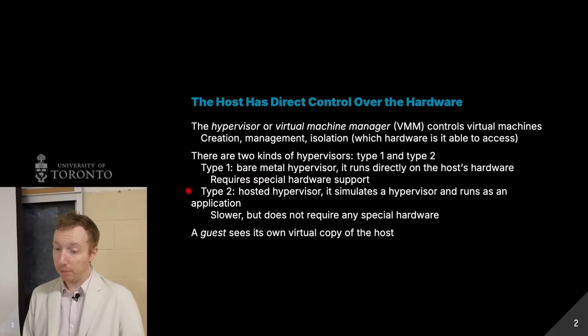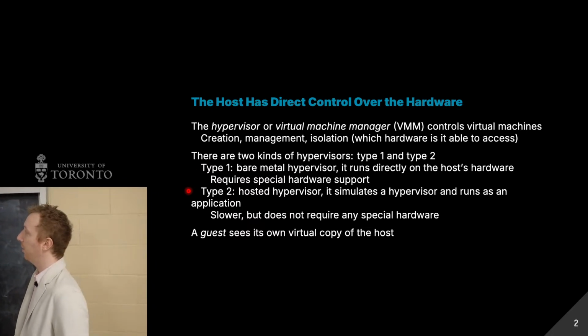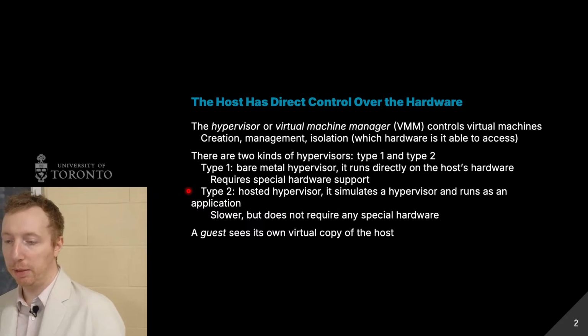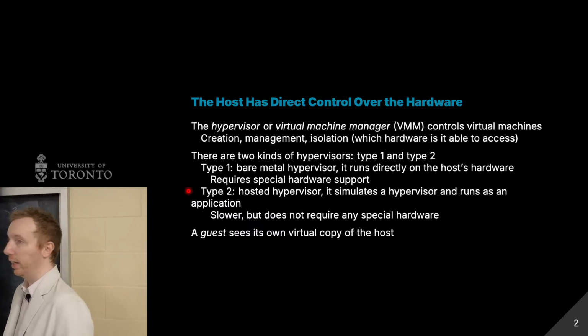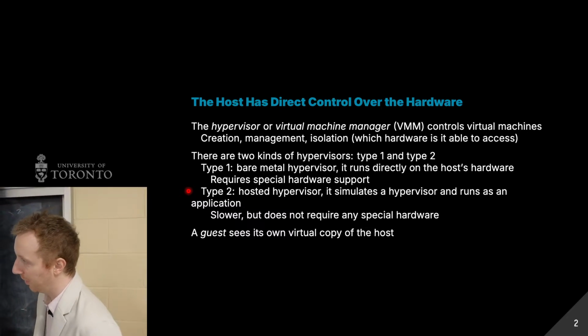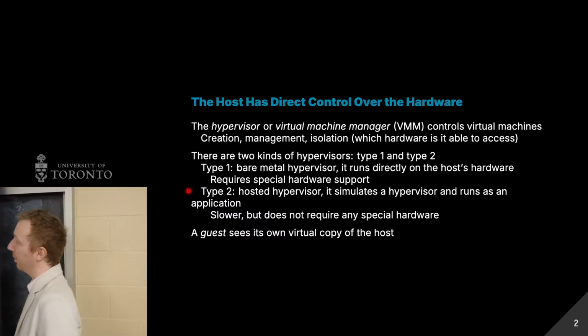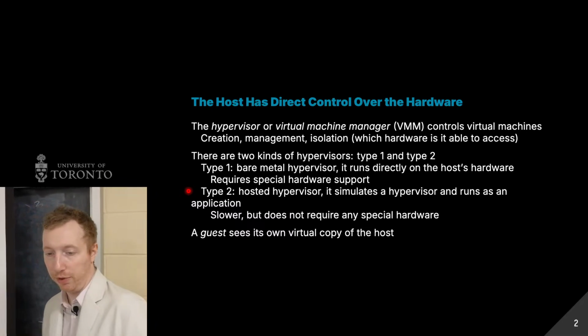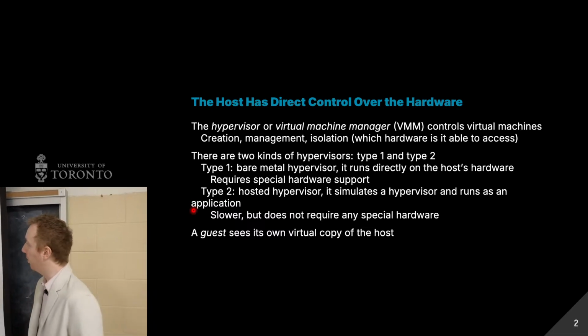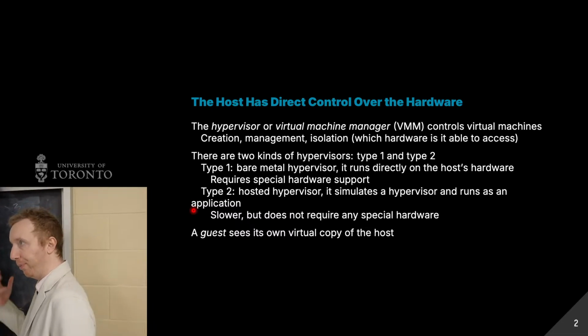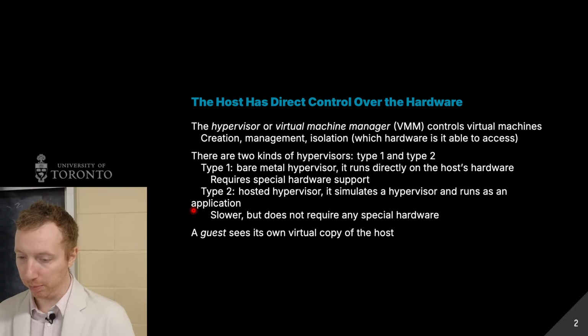There is a type 2 called a hosted hypervisor that just simulates a hypervisor and runs as a normal application. So it's running a whole different operating system in user mode. So there's some tricks we have to do, which is going to be slower. We'll get into why, but it doesn't require any special hardware, although most things now have hardware support for it.